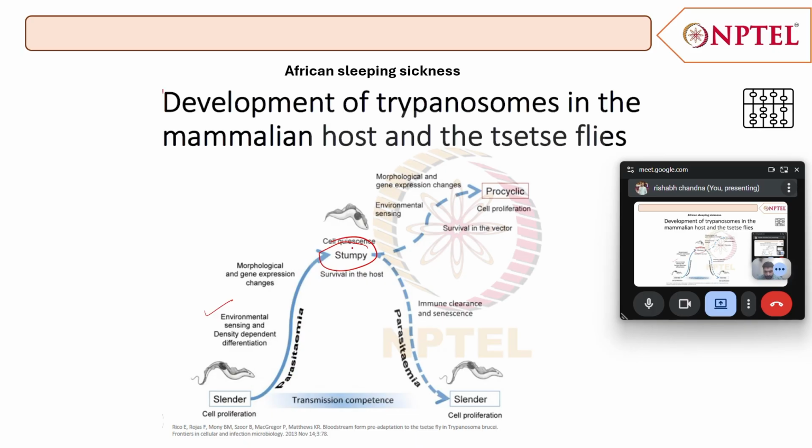This is called cell quiescence. Now in cell quiescence, we have survival in the vector, and the morphological and gene changes lead to the procyclic form, that is cell proliferation. Then after this they lead to immune clearance and senescence, and they lead to cell proliferation or the slender form of the particular trypanosome.